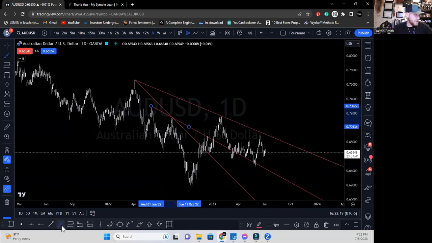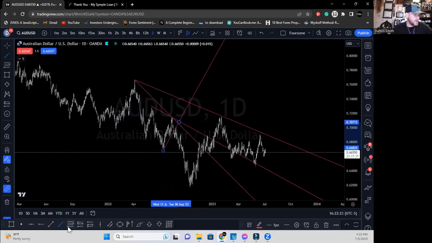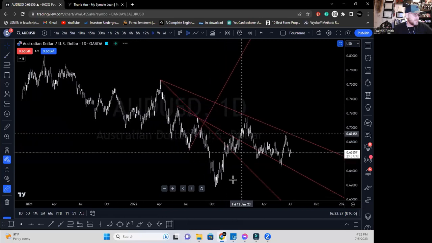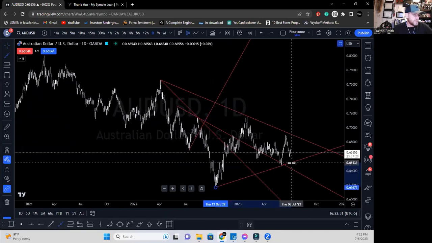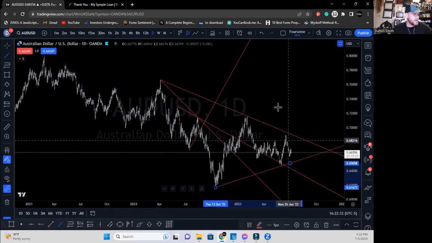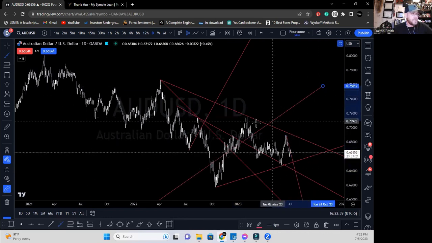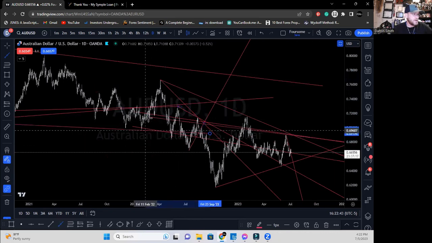You know what I mean? And don't forget about this trend line right here. Look at this one. Obviously a buyer's market, right? We got a current downtrend right here. Same deal. Trend lines everywhere, right?